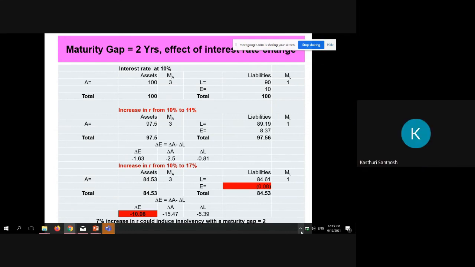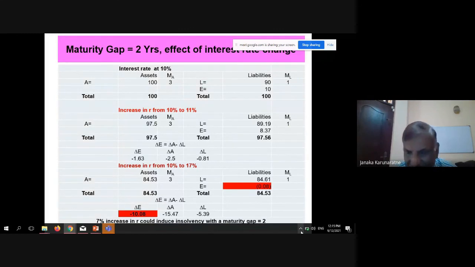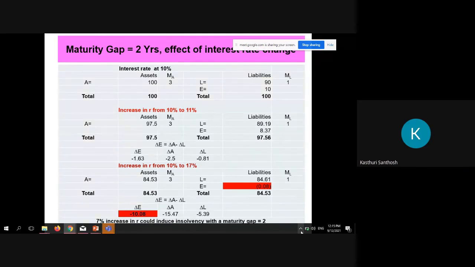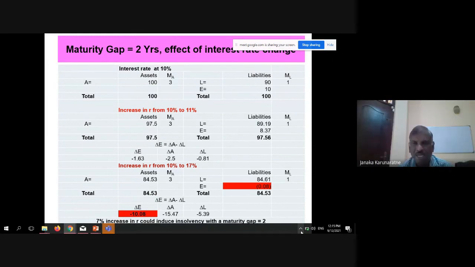There's a loss occurred. It is funded by the equity. The income is negative. In that case, the equity has funded the loss to balance the sheet. So basically, equity has become negative.